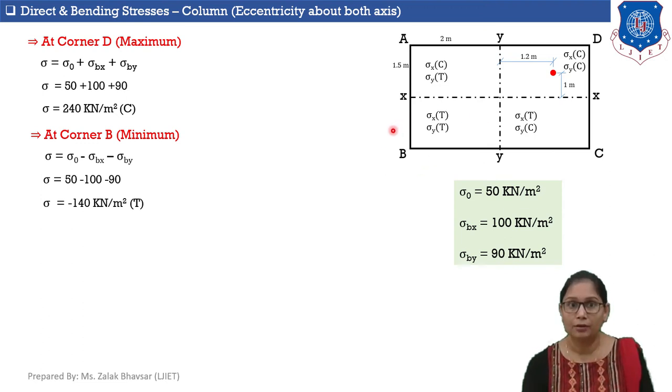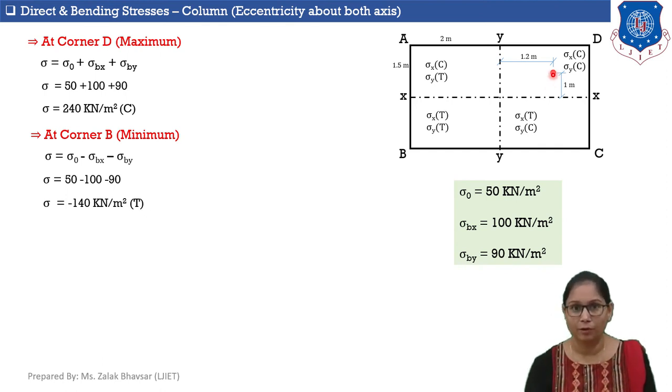At corner B, the stresses generated will be minimum, and here is the equation. Sigma is equal to sigma 0 minus sigma Bx minus sigma By. Again, for calculating stresses in this third quadrant, we need to push this point. If we push this point, then both the axes of this third quadrant will get stretched.